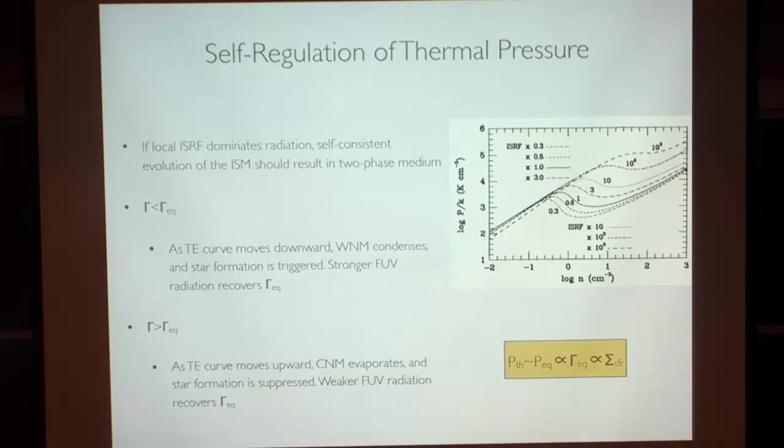So when the heating rate is dominated by the local interstellar radiation field coming from massive young stars, then it will always be true that the thermal pressure goes with the star formation rate surface density.